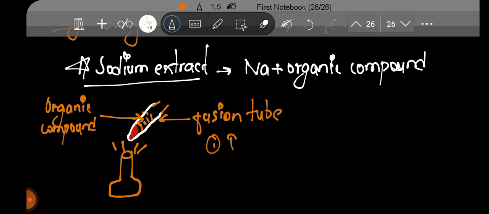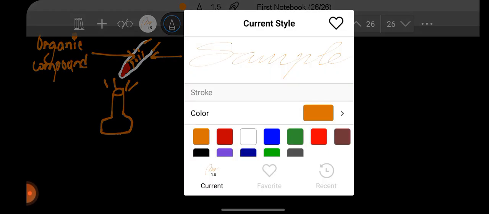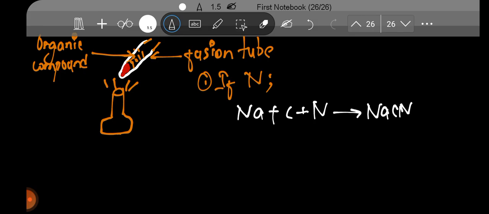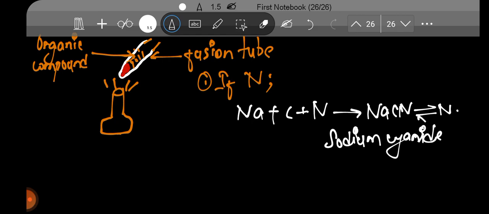First we have to know if there is the presence of nitrogen in the organic compound, then we can write sodium, we include carbon plus nitrogen gives NaCN, which is also known as sodium cyanide, and it gives Na plus CN minus.